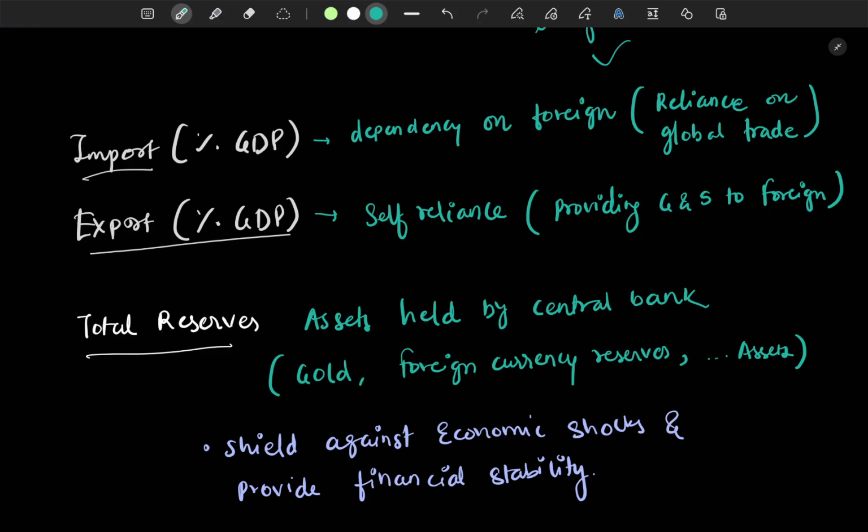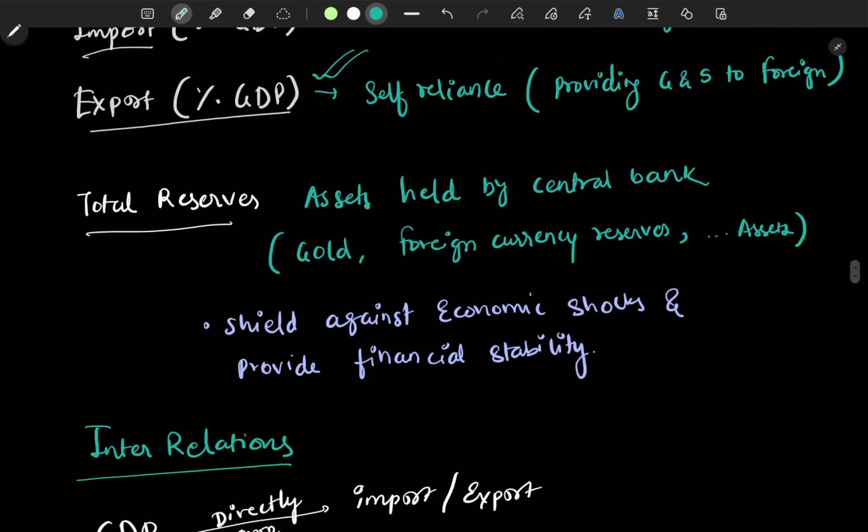For example, if we are importing machinery from China, then we rely on China to provide it. That indicates dependency. And exports mean we are able to produce our own goods and also provide goods and services to foreign countries, which creates GDP growth.